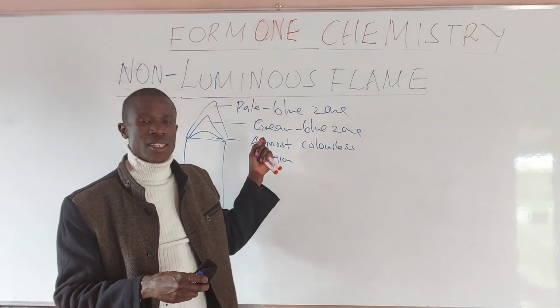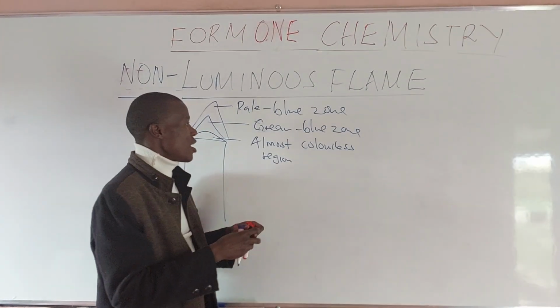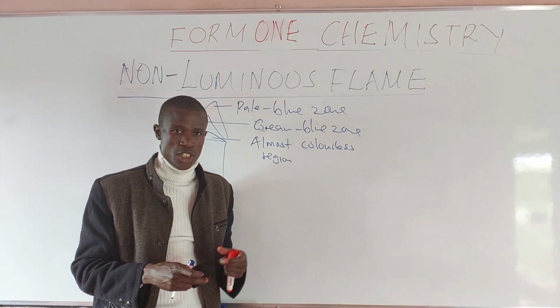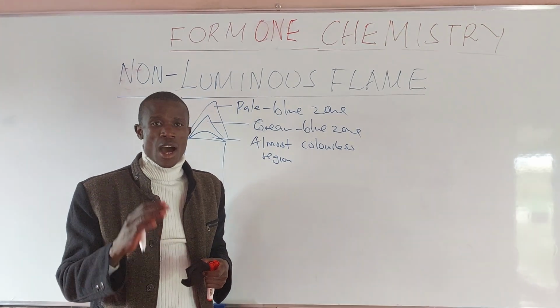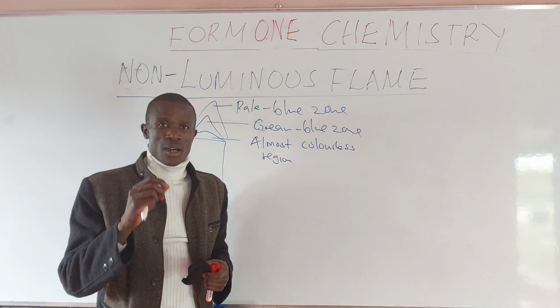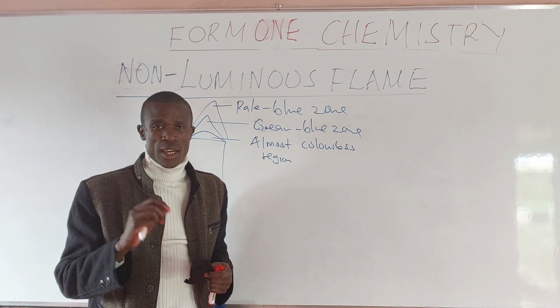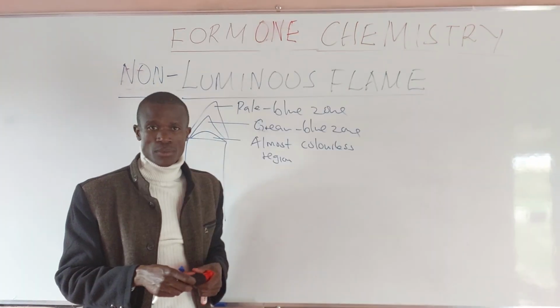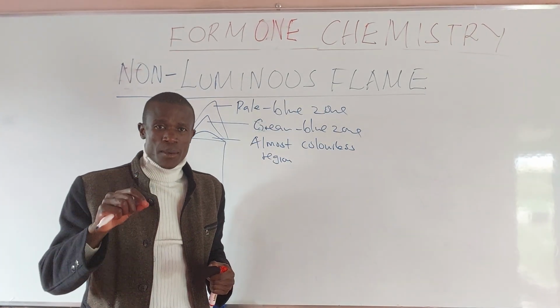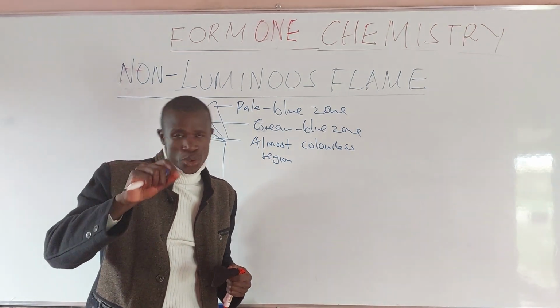Non-luminous flame has 3 zones, namely pale blue zone, green blue zone, almost colorless region. Luminous flame has 4 zones: thin outer pale blue zone, bright yellow zone, almost colorless zone, and blue zone. Luminous flame produces soot. Non-luminous flame is non-sooty.